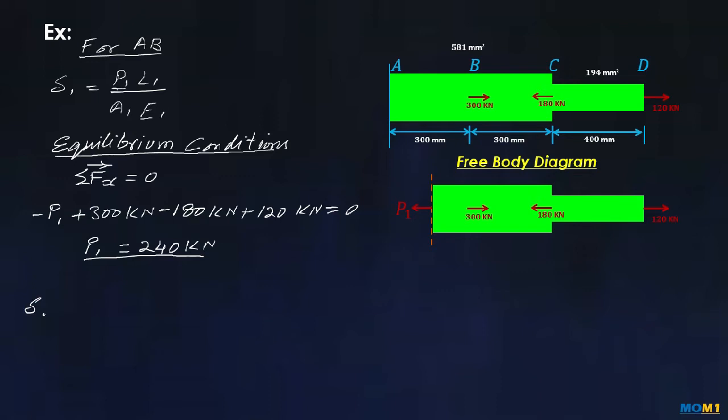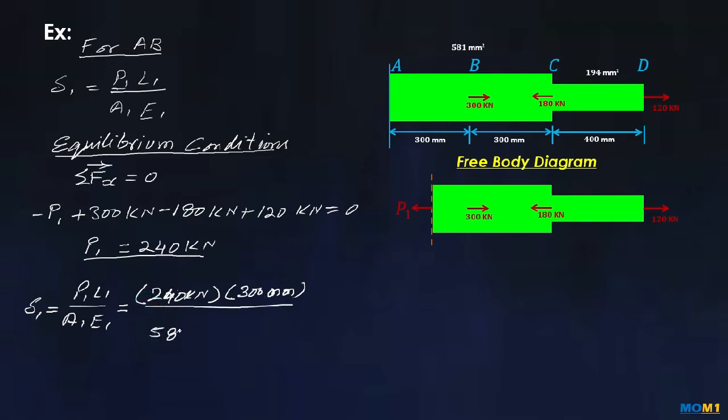Now we have all the values to use in this expression. So the deformation in section AB, or section 1, is going to be P1 L1 upon A1 E1, that is 240 kilonewton multiplied with this length, that is 300 millimeter, upon cross section area, that is 581 millimeter square, and the Young's modulus, that is 200 gigapascal.